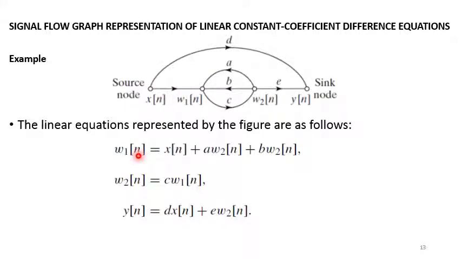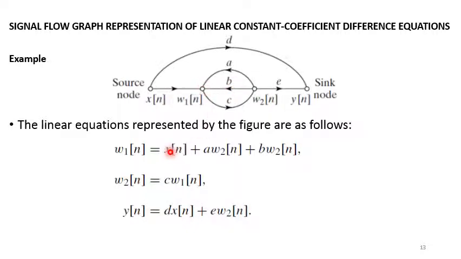So we can write w1 of n equals x of n plus w2 of n. Let's start with a: w2 of n scaled, or multiplied, by a is entering this node. Again, w2 of n scaled by b is also entering this node.